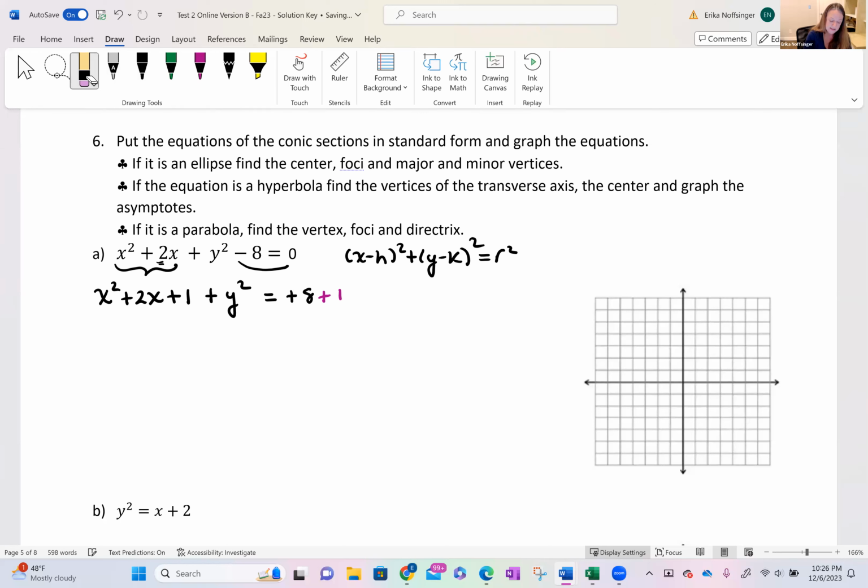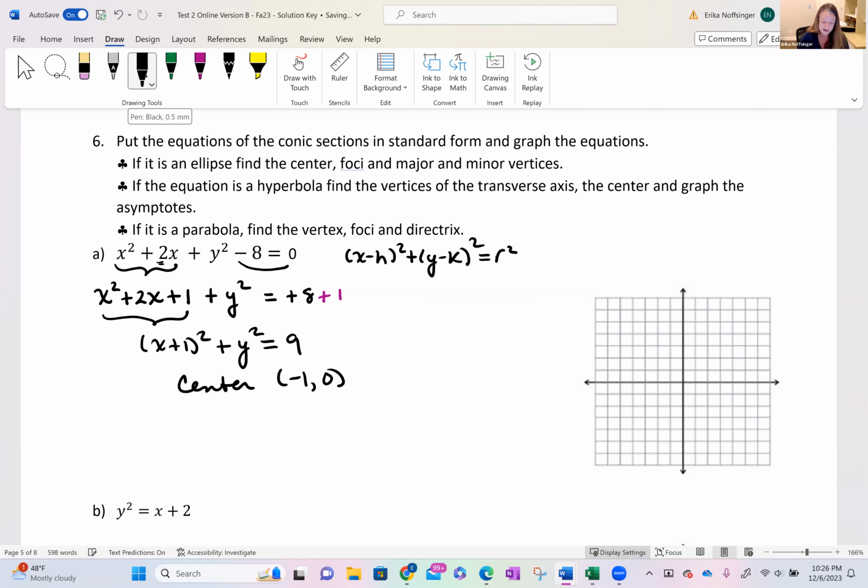Looking at this, x squared plus 2x plus 1 is a perfect square now. And I can rewrite this as x plus 1 quantity squared. Then I have this plus y squared. This is equal to 9. So I have a center here at -1, 0. And my radius is r squared. R squared is 9, so my radius is 3.